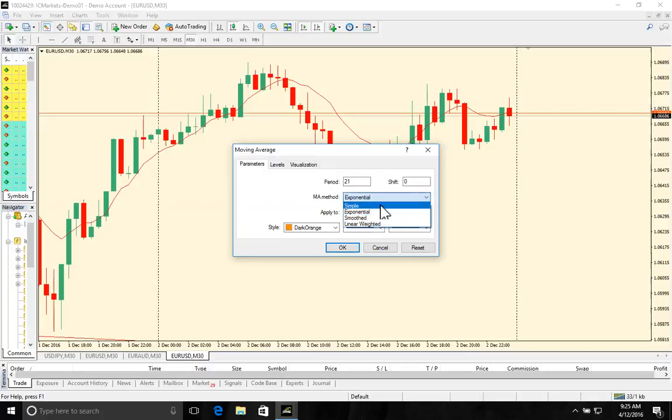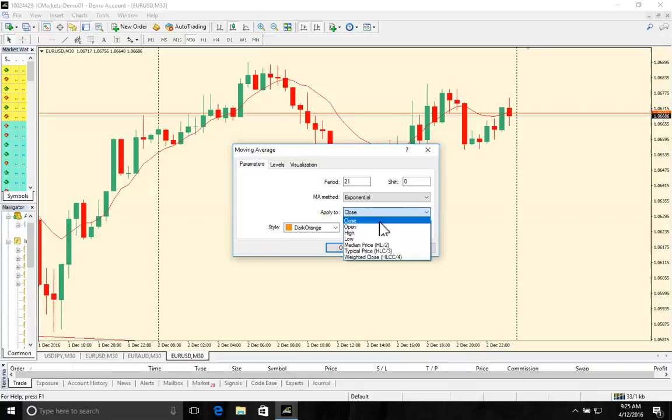So I normally use simple and exponential. You can also use the other ones. It allows you to apply this moving average to different prices: close of the bar, open of the bar, high or low, or median, I mean high plus low divided by 2, or typical price, high, low, close divided by 3. We don't use this one.